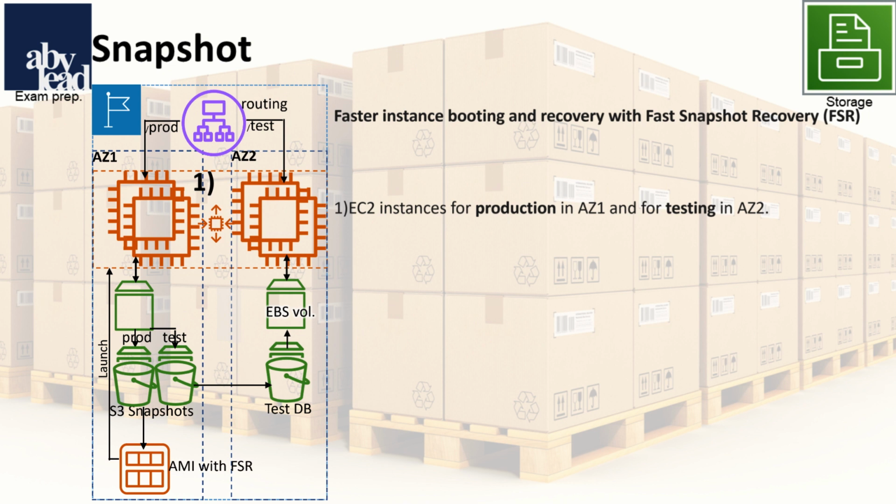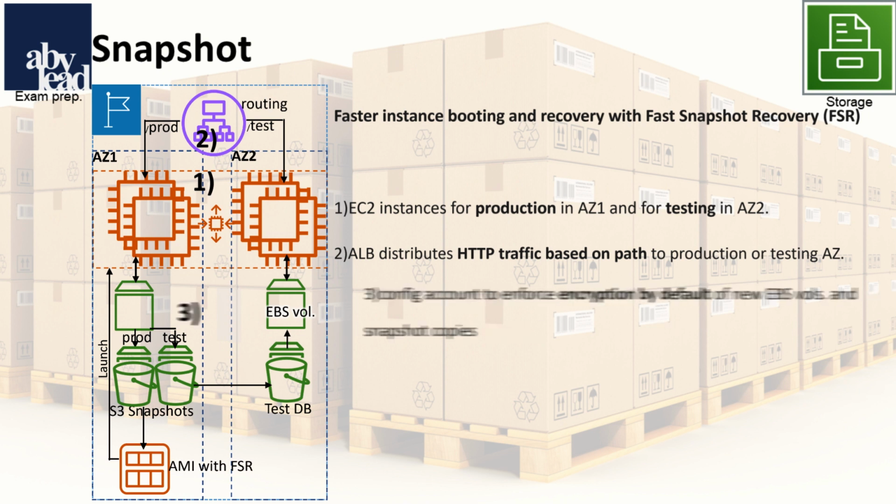First, you install instances in a production zone and other instances in a testing zone. To distribute traffic as you wish, an ALB guides it based on the 2 paths to the right availability zone. Then you configure the account with default encryption, so any new EBS volume and snapshot copy is secure.